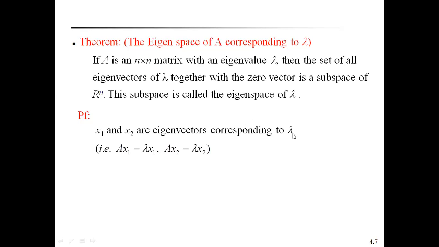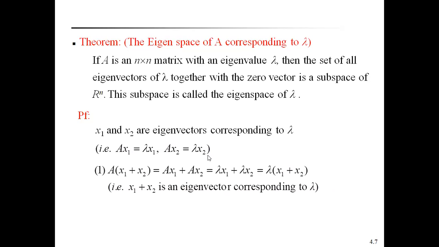So what is the condition for the eigenvalue and eigenvector? Ax is equal to lambda x. That is the main equation you have to remember. Here x1 is the eigenvector corresponding to lambda, that's why Ax1 is equal to lambda x1. Similarly, Ax2 is equal to lambda x2.